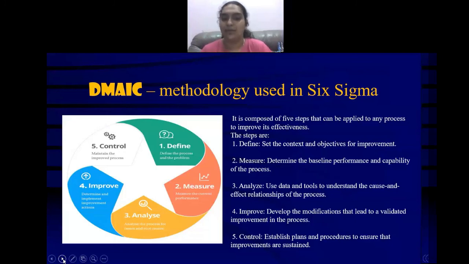The third one, analyze, stands for using data and tools to understand the cause and effect relationships of the process. The fourth one, improve, stands for developing the modification that leads to a validated improvement in the process. And the fifth and last one, control, stands for establishing plans and procedures to ensure that improvements are sustained.